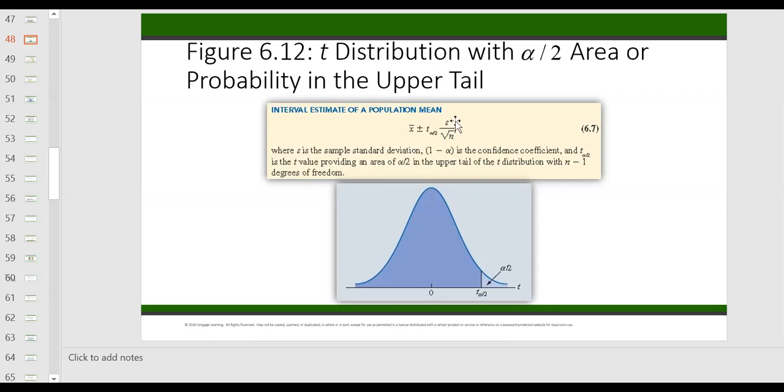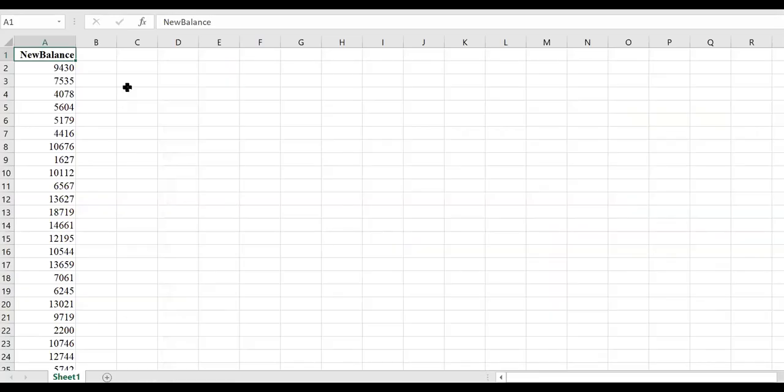We need standard deviation, we need sample size, we need t-value, and for t-value, we need sample size again, n minus 1, and we also need alpha, level of significance, and we also need the sample mean. So I'm gonna generate these values. We're gonna first use the formula. We're gonna find all these items one by one and apply the formula.